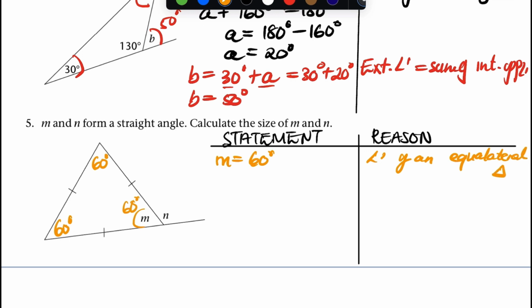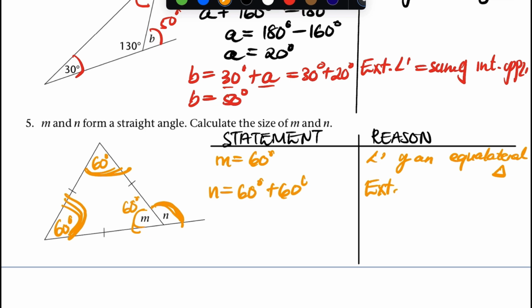So if M is 60 and these two angles are 60, what we can say is N is an exterior angle. We can say the exterior angle is equal to the sum of the two opposite interior angles. So N is equal to 60 plus 60, which is this 60 plus this 60.